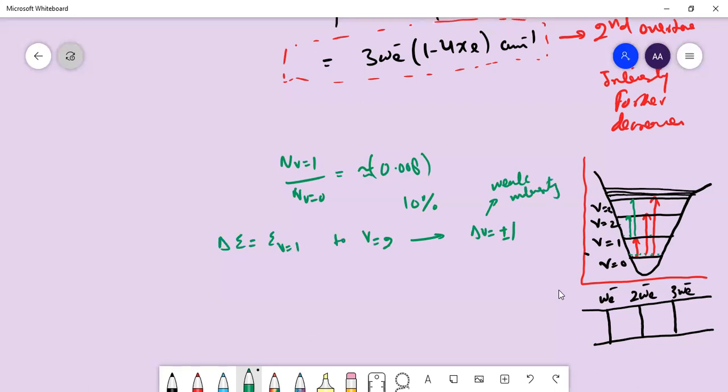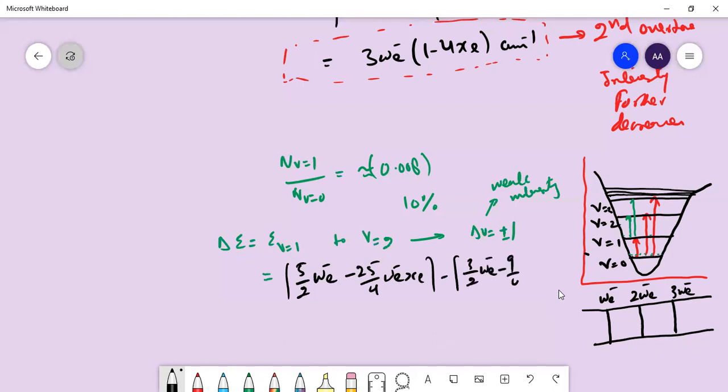So if I have to find the energy difference between these two, I have to subtract the energy of vibrational quantum number 1 from vibrational quantum number 2, for which I have all the values. The V2 is equal to 5 by 2 omega E bar minus 25 by 4 omega E bar XE, minus V1, which is 3 by 2 omega E bar minus 9 by 4 omega E bar XE.